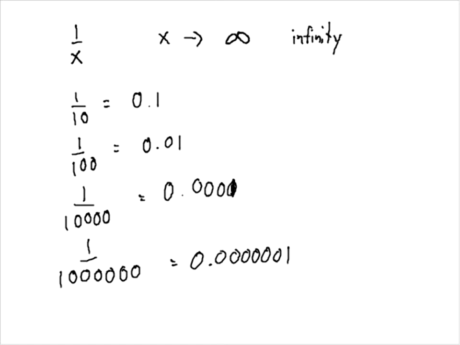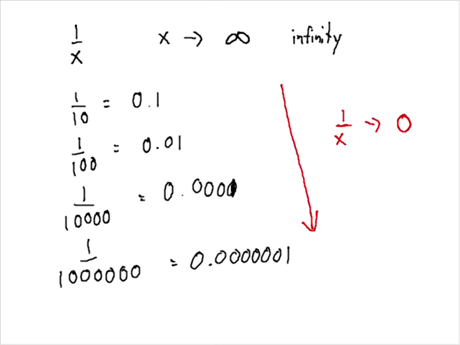And as we can see, we have a trend here. We have a pattern. What's happening as we get closer and closer to infinity, as we make that x really, really big, our solution gets really, really small. So 1 over x, as we make x really, really big, gets closer and closer to 0.